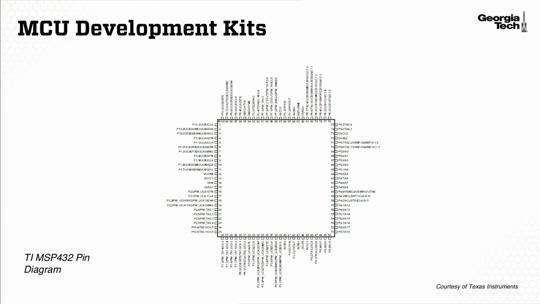If we take a look at the MSP432 microcontroller made by Texas Instruments, here's a pinout diagram of the MSP432. This is a 32-bit microcontroller, and it has 100 pins. This is a labeling of each of those 100 pins. The actual package is extremely small, and we'll need several of these pins as we're doing prototyping, so it's very difficult to access these pins directly. When we have this package on a Launchpad board, we're able to connect wires to it and do prototyping much more easily.